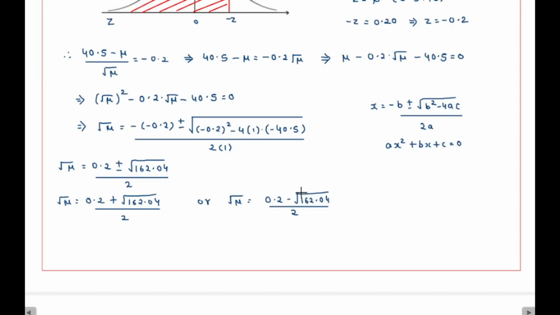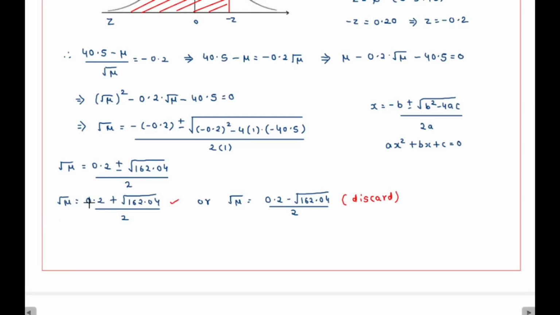But this value will be greater than 12, correct? So 0.2 minus this particular value will be a negative value. But square root of mu cannot be negative. So that means this value we will discard. This can't happen. The root of mu cannot be negative. So that means root of mu will be only this particular value.